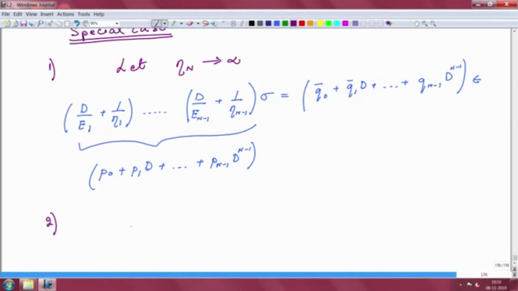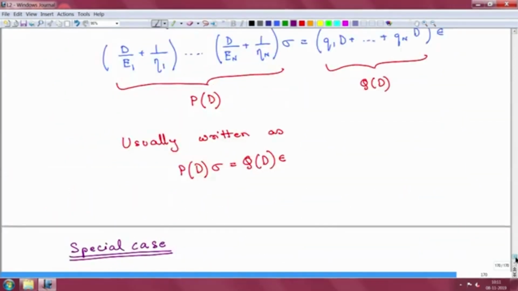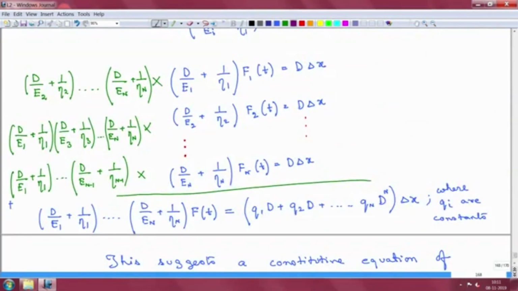Another case, if you want: instead of the viscosity tending to infinity, what happens if the elasticity tends to infinity? If the elasticity tends to infinity, in the last term here this particular quantity now disappears, and you have 1 by eta n f n, and that will be equal to this derivative, right.